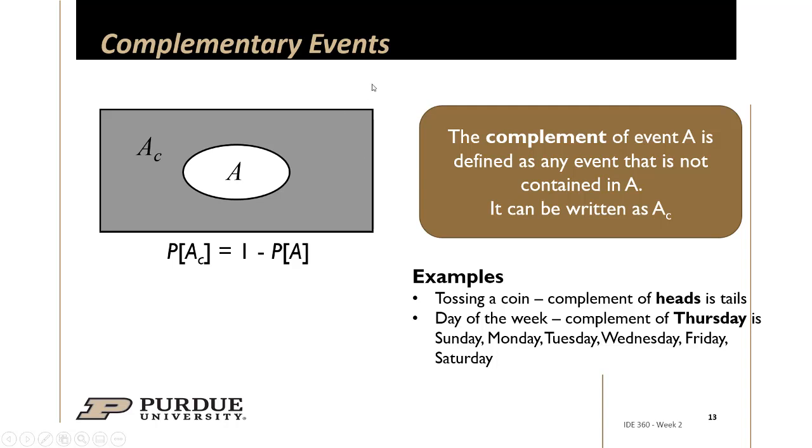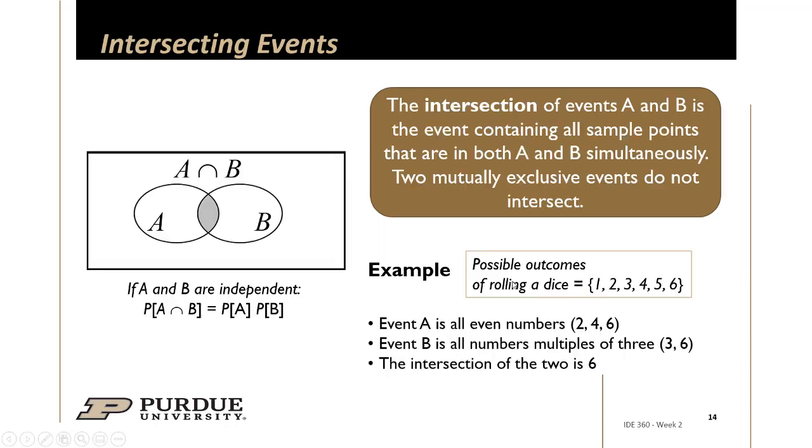Complementary events actually is defined as the event that is not contained in the event A and is written by A subindex C. And you can see, if you have the whole universe, then anything that is not contained in that particular event is the complement, which basically facilitates your calculations, because the probability of that complement will be just 1 minus the probability of that event of interest.